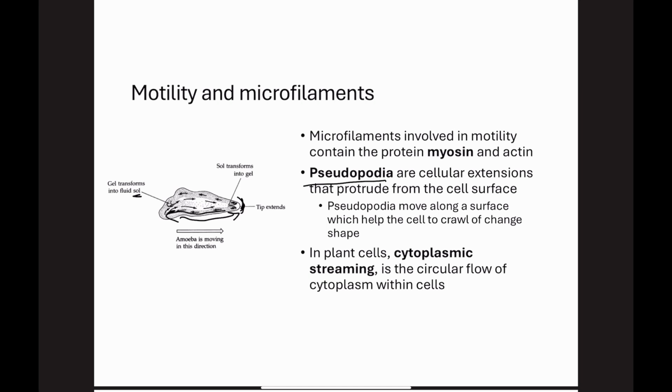And the front is going to change into that gel, and that's going to help the amoeba move forward. And this cycle is going to repeat. It's going to push the amoeba in the direction of the movement. And this entire process is controlled by actin and myosin filaments.